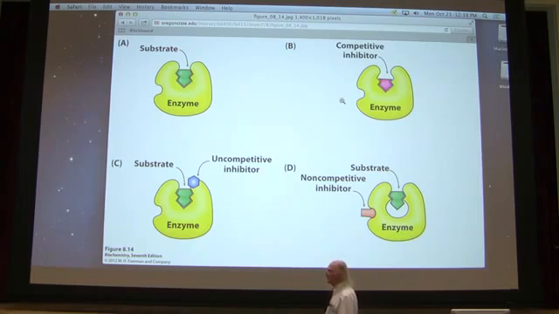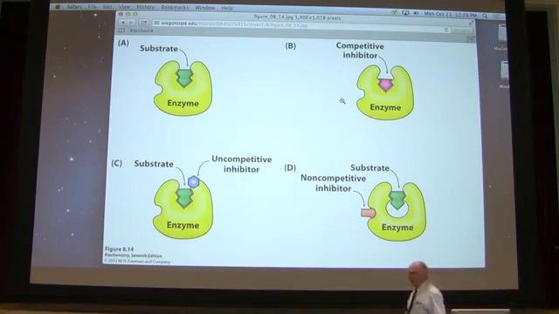It's called a competitive inhibitor because it competes with the substrate for the active site of the enzyme. And by the way, the active site is the place where the reaction occurs. It competes with the substrate for the active site of the enzyme. It competes because it looks like it.